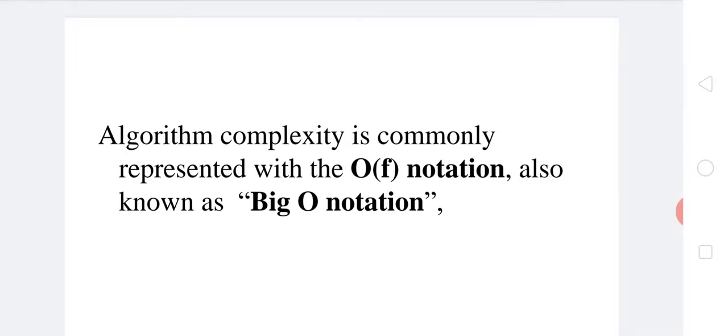Algorithm complexity is commonly represented with O of f notation, also known as big O notation, where f is the function of the size of the input data.